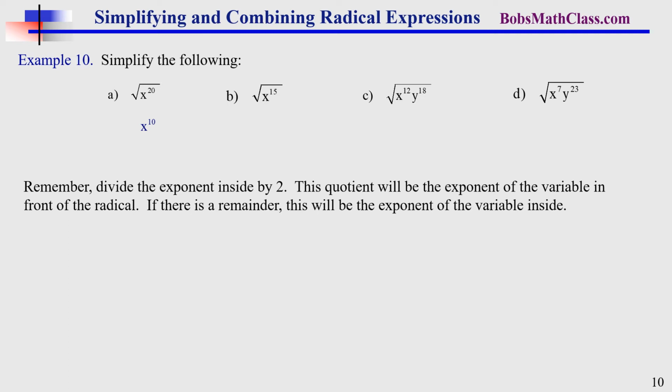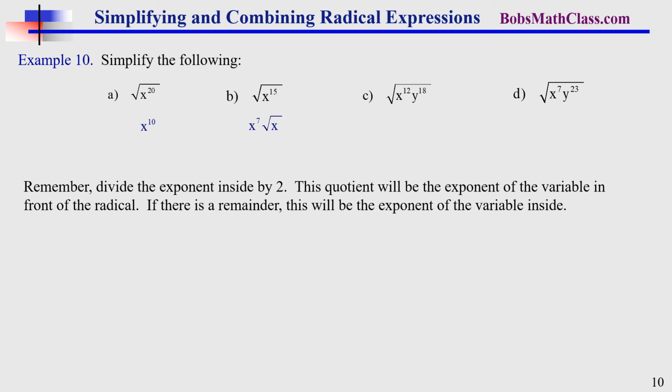How about the next one? 2 goes into 15 how many times? 7 times. Is there a remainder? Yes, 1. Okay, part C. 2 goes into 12, and then 2 goes into 18. How many times does 2 go into 12? 6 times.